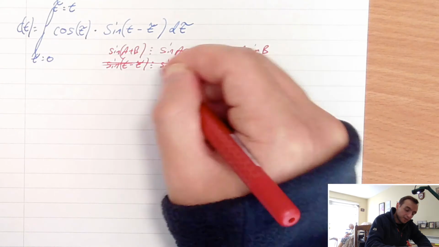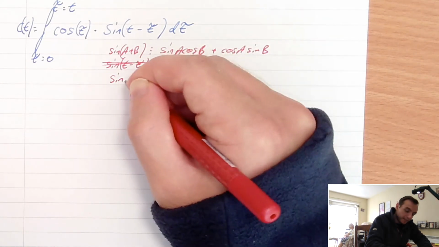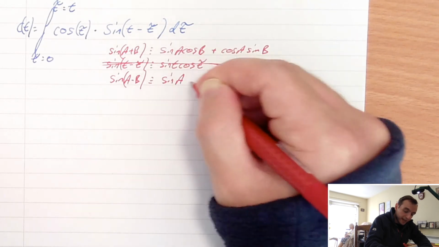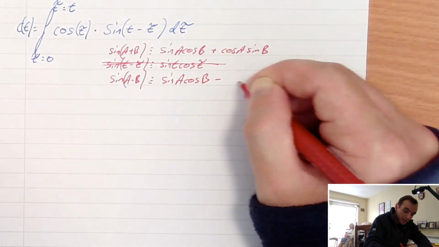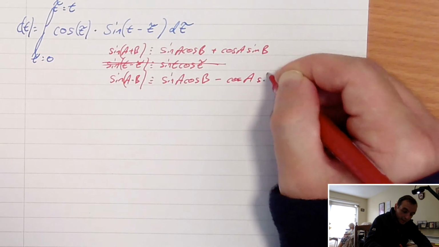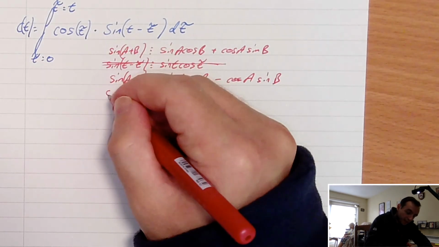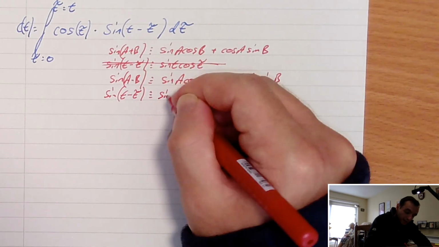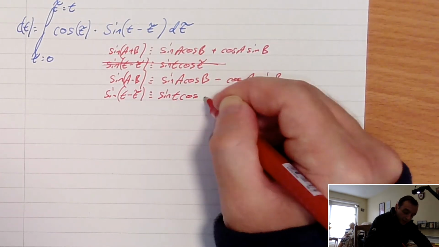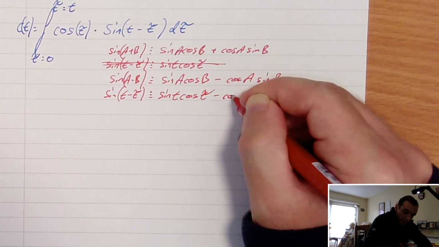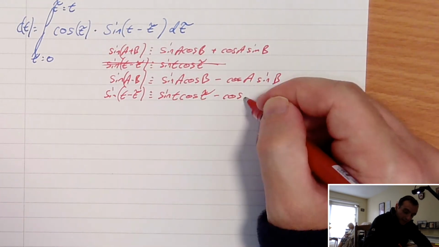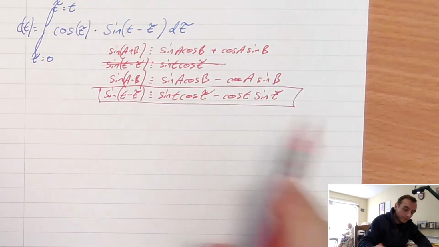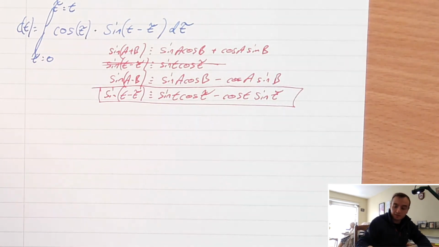Forget that just for the second. What we'll do is say sine of a minus b is identical to sine a cosine b minus cosine a sine b. So we can say that sine of t minus tau equals sine t cosine tau minus cosine t sine tau. Let's substitute this back into the integral.